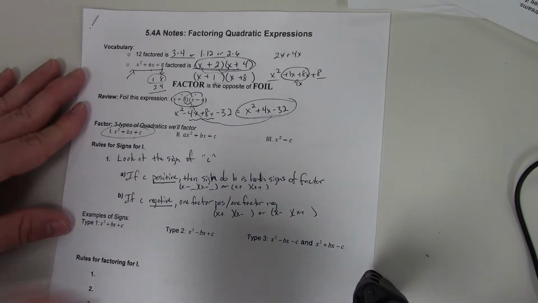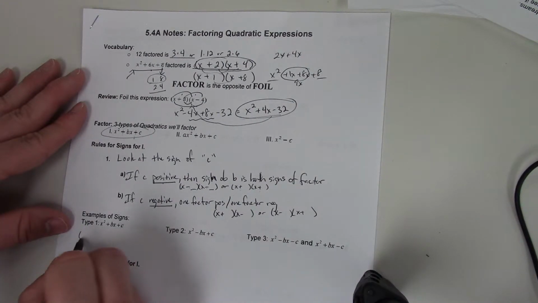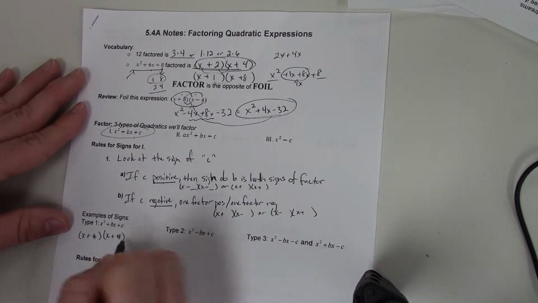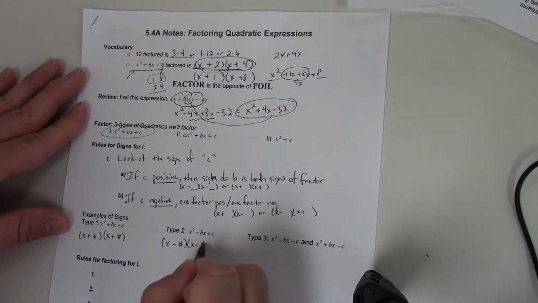Okay. So kind of examples of what they're saying here, and I kind of put this all up here anyway. This would definitely be x plus a number and x plus a number. Okay. This is going to be x minus a number and x minus a number. Has to be to give me negative times a negative there.